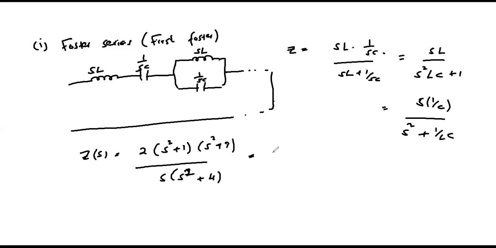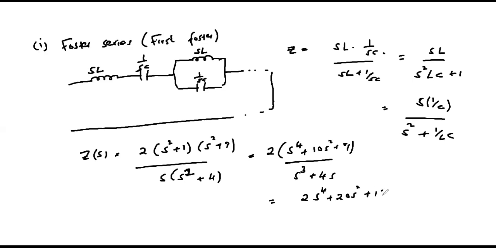If you multiply these out, you get 2 into S to the power 4 plus 10S squared plus 9 over S cubed plus 4S, which we can write as 2S to the power 4 plus 20S squared plus 18 divided by S cubed plus 4S, which you can write in partial parts.